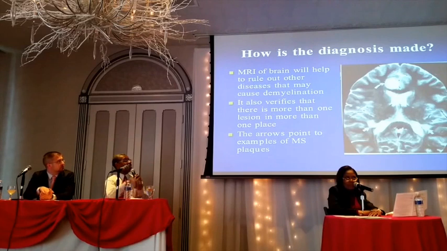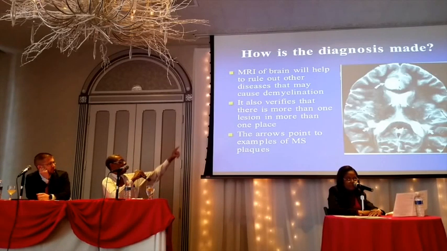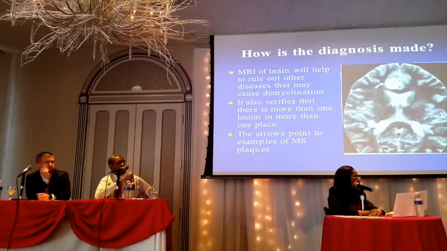Now next is what the MRI looks like. So this is what we see on the MRI. This is one example. The arrows point to those big white areas. Those are areas of scar from multiple sclerosis, and typically they're close to the ventricles, the fluid-filled spaces inside the brain, but they don't have to be.